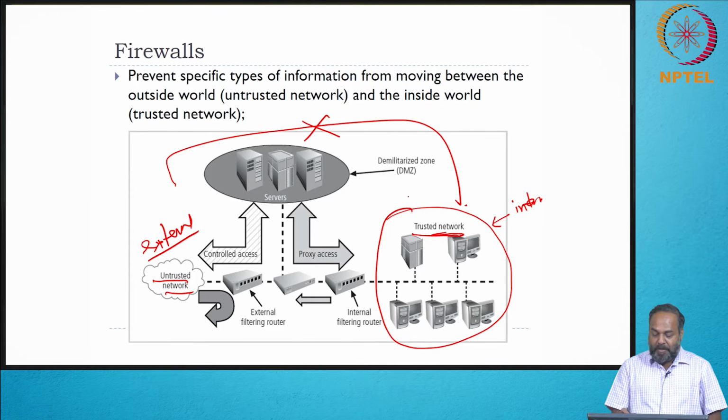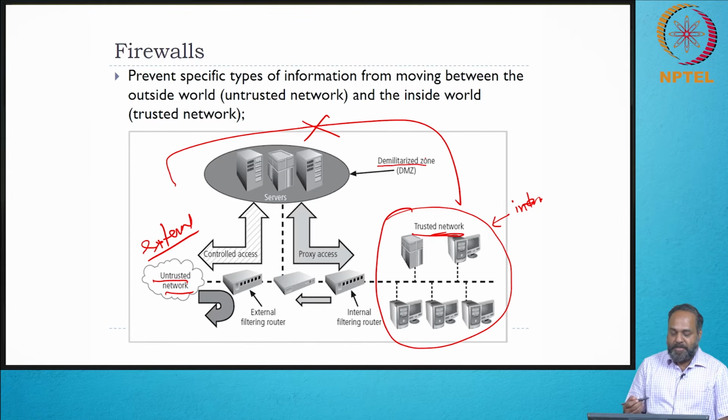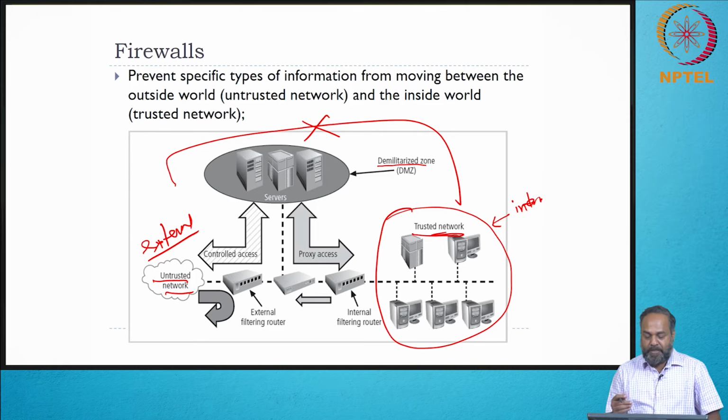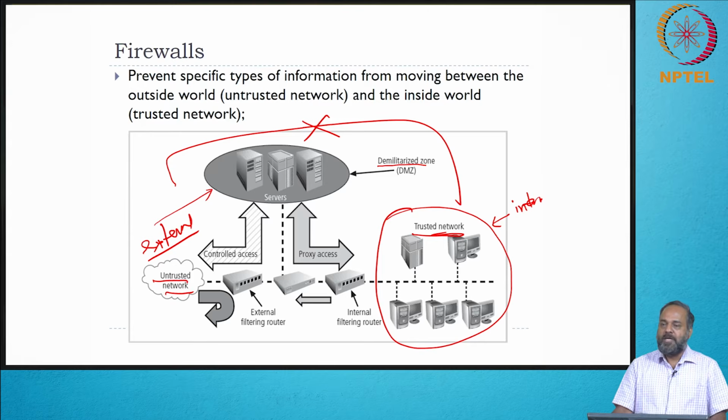A copy of your resource is available in a demilitarized zone, sorry, it is not dematerialized, demilitarized, I am sorry for the mispronunciation, demilitarized zone, DMZ. So, the DMZ is a replica of the trusted network. So, the external agent is given access to the DMZ, not to the trusted network.